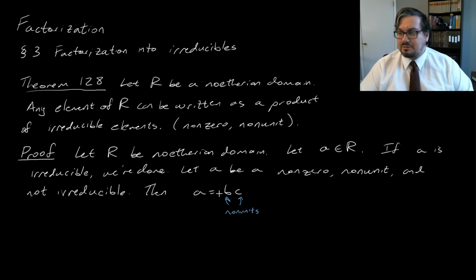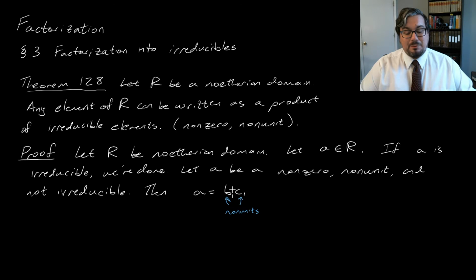If B1 is an irreducible element, then we've proven our first step. Remember, our first step is to prove that A is a product of some irreducible element and some other element of the ring.